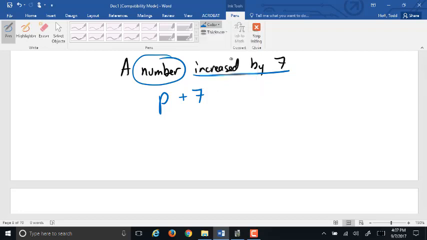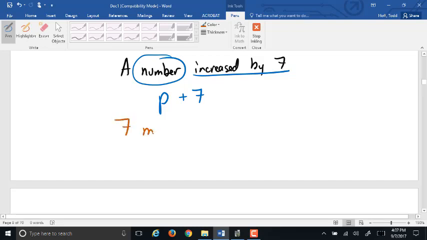There are a lot of other ways that we could have written a phrase that would also be P plus 7 or whatever variable plus 7. We could have 7 more than a number. That would be 7 more than something means 7 is being added to it. So the number plus 7 again.